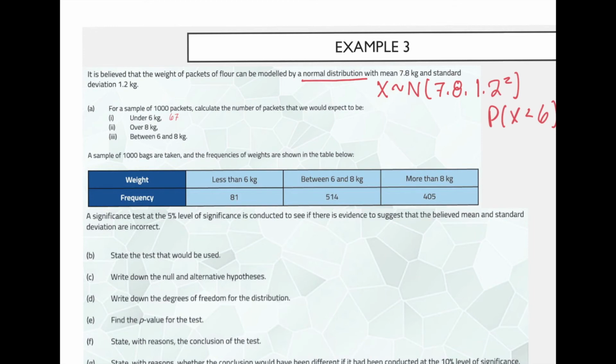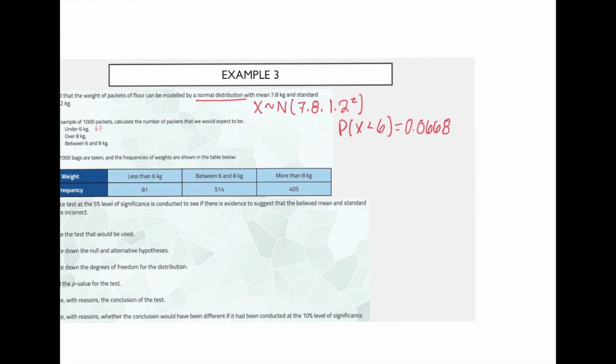And there would be the same calculations. What is the probability that x is going to be bigger than 8? And then what is the probability that x is going to be between 6 and 8? When we do all these calculations, we get our probabilities, 0.434 and 0.499.